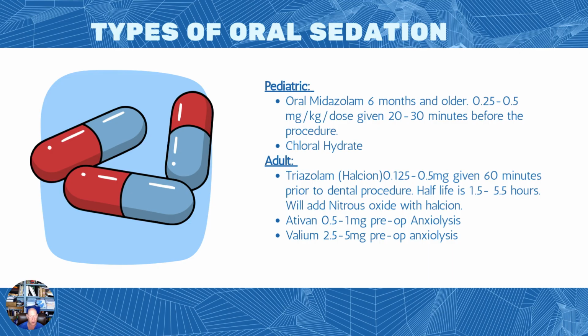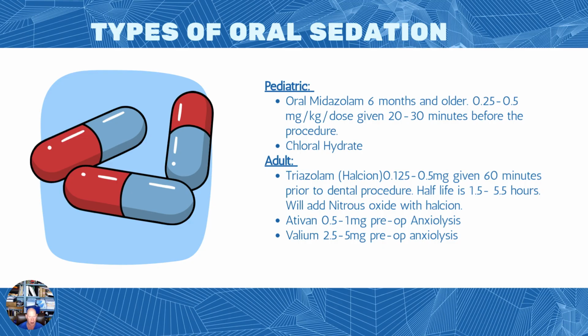In adults, we'll use three types of benzodiazepines. One is Halcion, the most favorite oral medication used by dentists for oral sedation. Also, there's Ativan and Valium. The typical dose for Halcion is 0.125 to 0.5 milligrams, given about 60 minutes prior to the case.